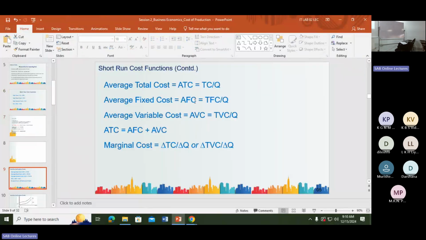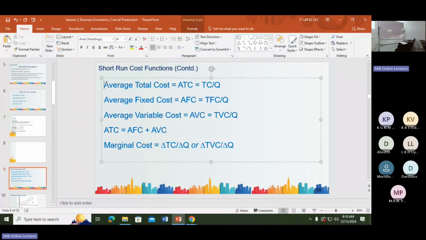They are average costs and marginal costs. Average total cost is total cost divided by output. This is simply the per unit total cost.